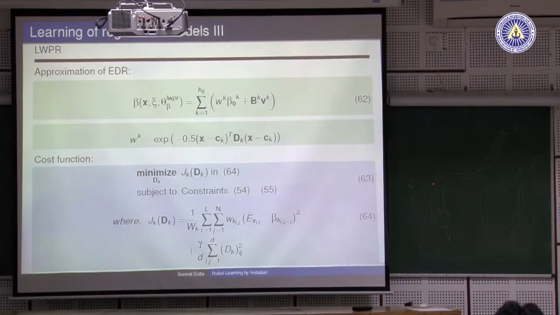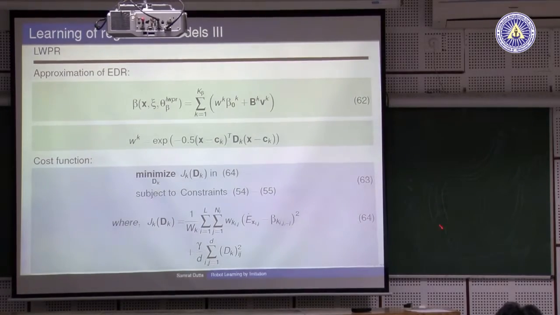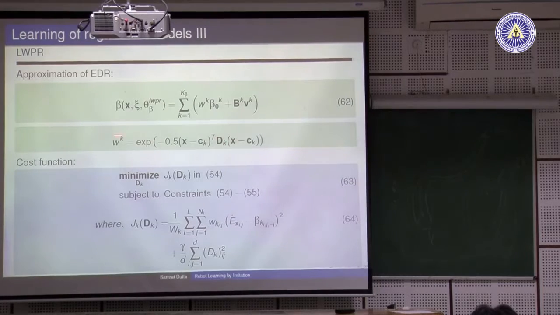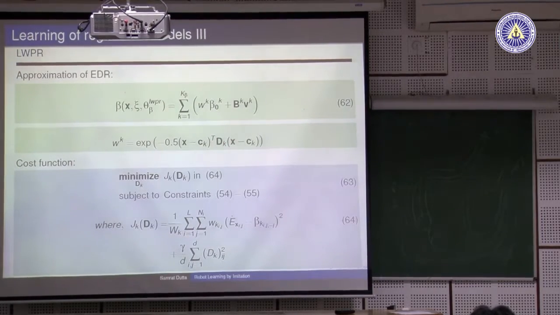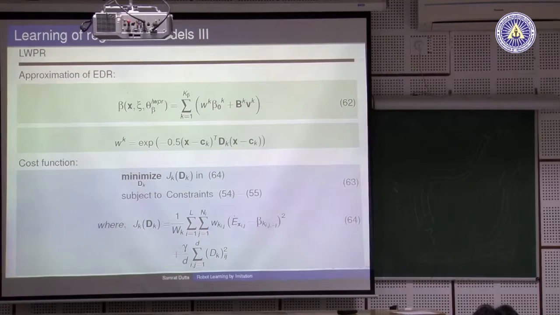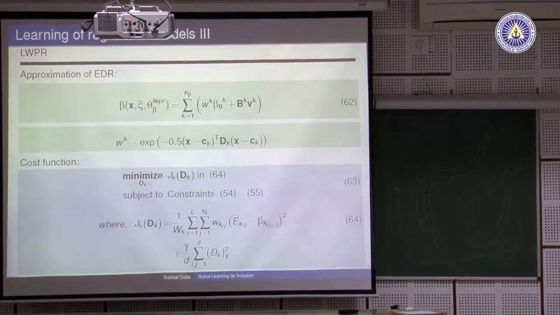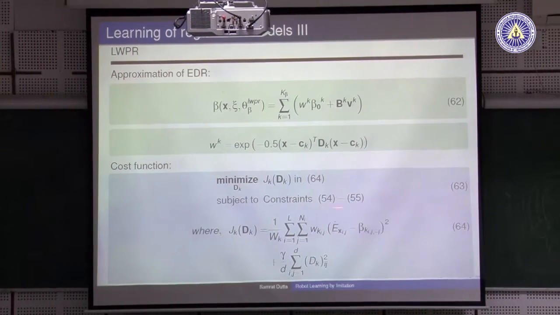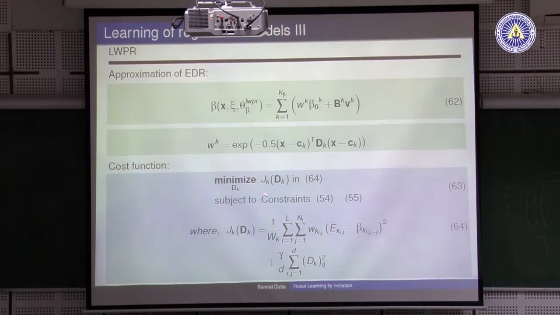In Gaussian mixture our shape was like this, but in LWPR they are circular, because we have a diagonal D matrix. And in LWPR we minimize this cost function, so we maintain that this cost is minimized while the constraints that we have set in our theorem are satisfied.